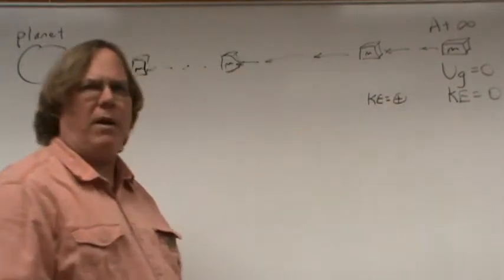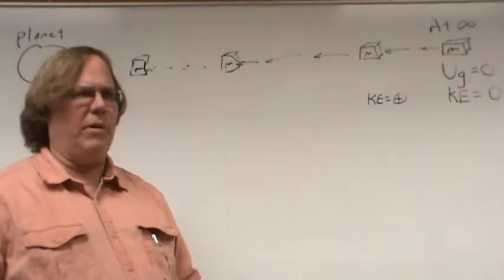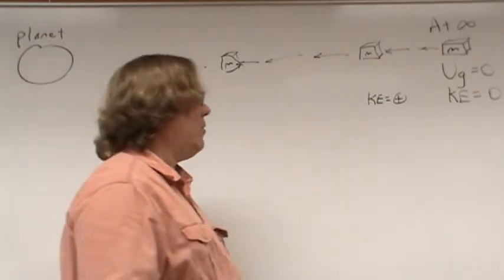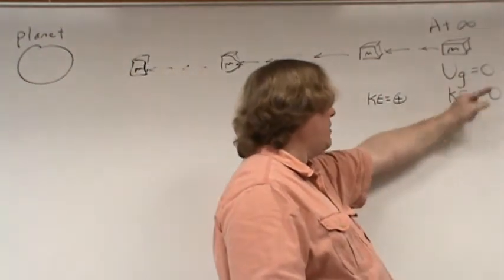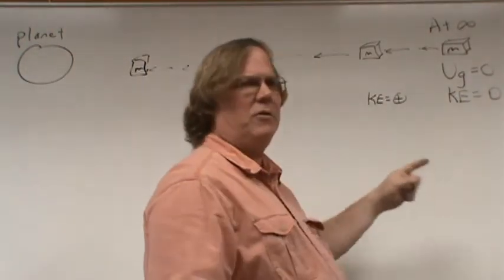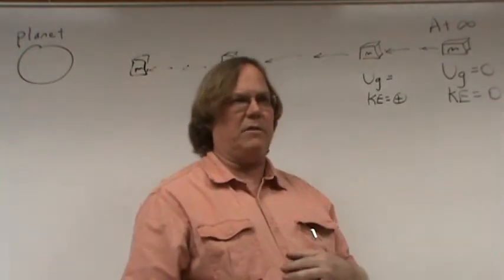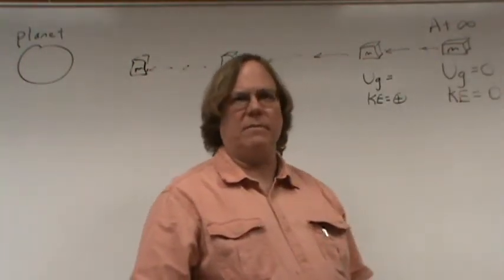It's getting more positive. But this is a conservation of energy situation. There's no work being done by non-conservative forces. So if they both start with 0, and I can't help myself, I'm going to ask you guys, because they both start with 0, and now the kinetic energy became positive, you tell me what just happened to the gravitational potential energy. Remember, they have to add up to 0.